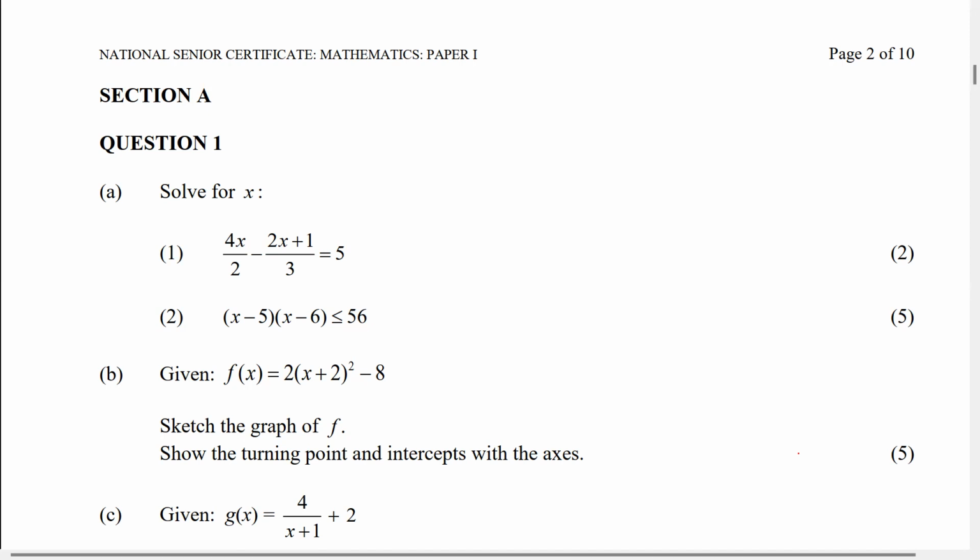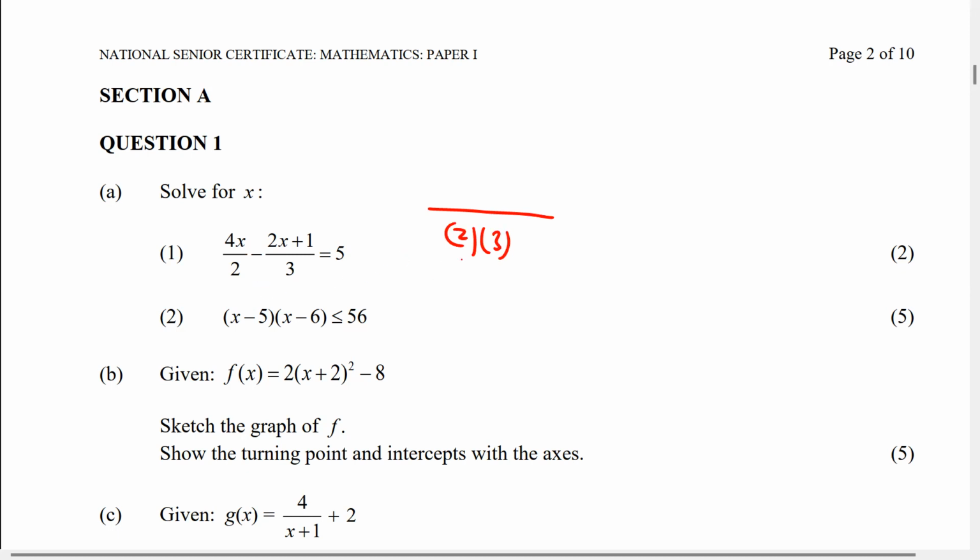So in mathematics, when you solve an equation, first you try this one, then we mark it together. There are a couple of ways to do it. You can add the two, or you can multiply by the LCD. The easiest and most popular is to take the LCD of 2 and 3, just multiply these two.